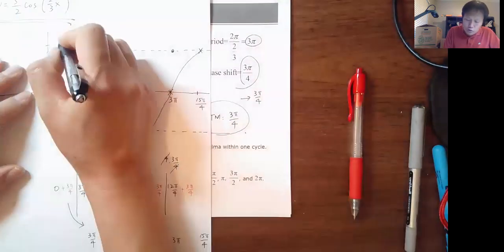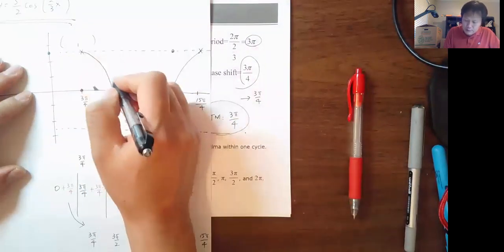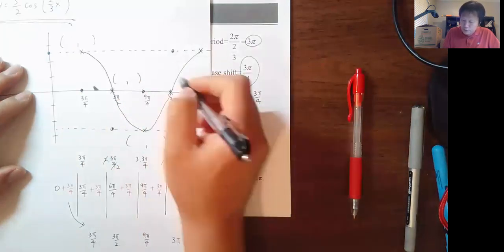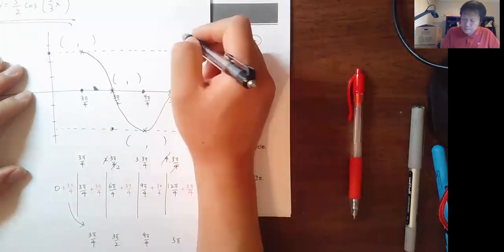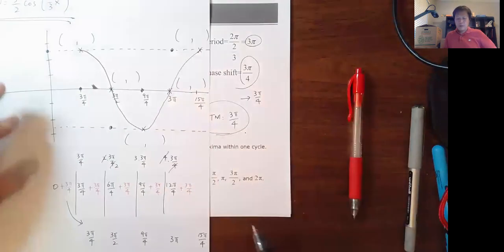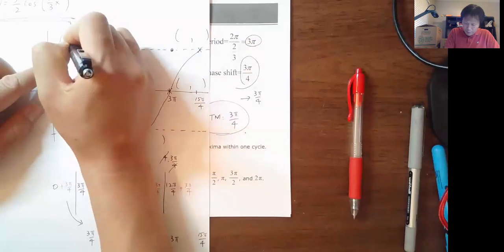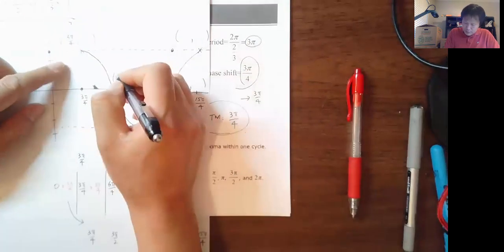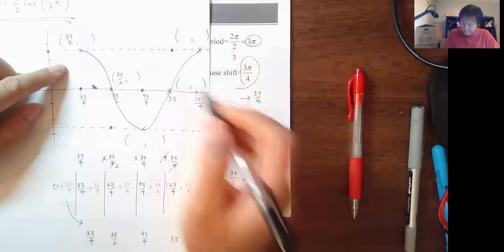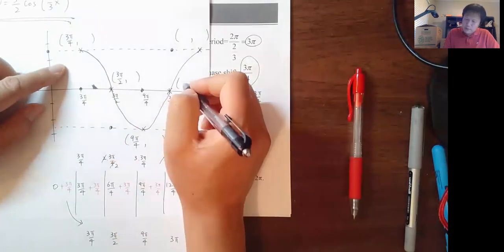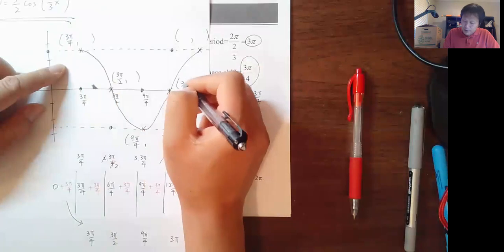Make sure you give the 5 points, because you do need the 5 points. So that was 3 pi over 4. This is 3 pi half. 9 pi over 4. That's 3 pi.